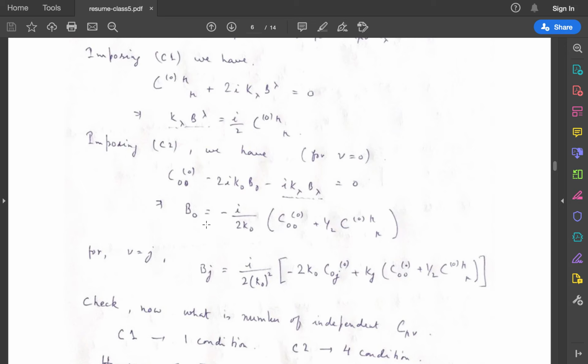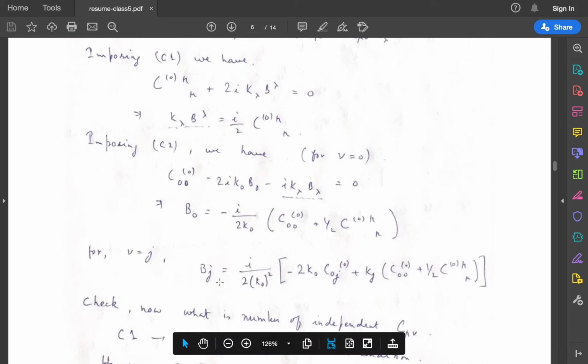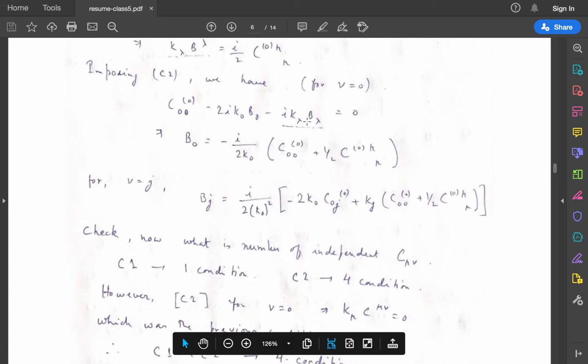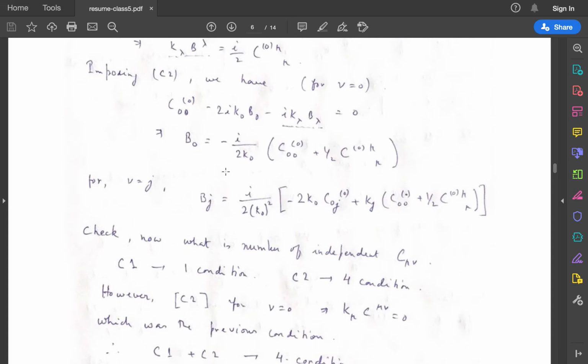So I can write b0 in terms of this c00 and the old c's, and for nu equal to 0, I can also write bj, the spatial part, again in terms of the old c0 and the old c mu nu. So I have got everything I want to have.